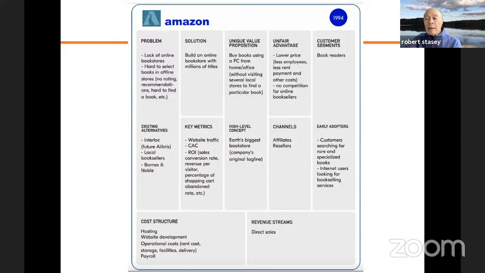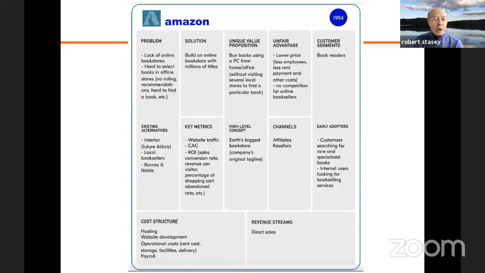So this is how the Amazon lean canvas might have looked back in 1994. Originally, Jeff Bezos wanted to do what he has today, which was to have everything on his website. But he eventually brought it down to just book readers, and he then focused on just the early adopters. These were customers searching for rare and specialized books, and internet users looking for book selling services.